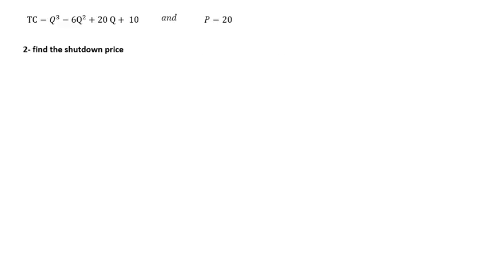We'll see the same example as for profit maximization. Imagine we have this firm that has this total cost function. The price here is 20. Let's find the shutdown price. Here actually price is not important, okay? Because we are looking for the shutdown price.